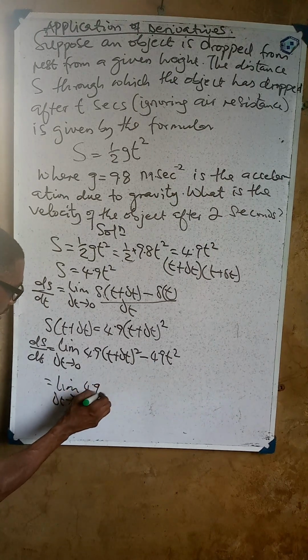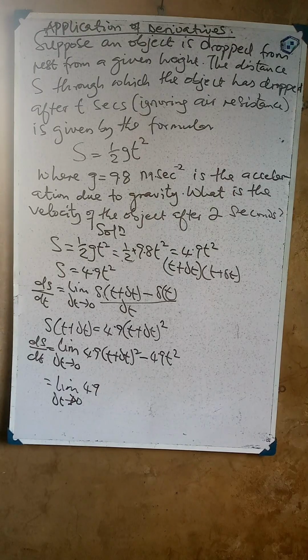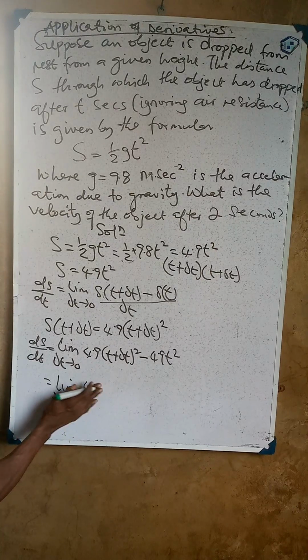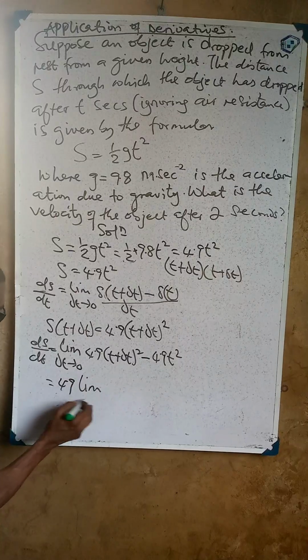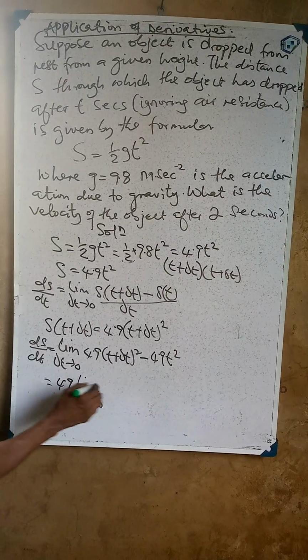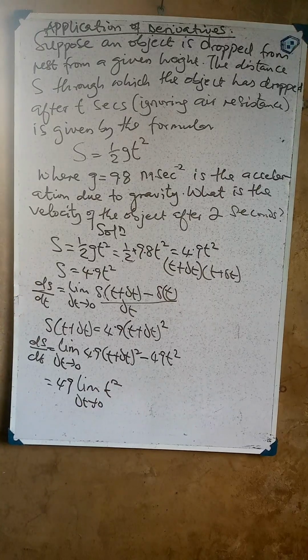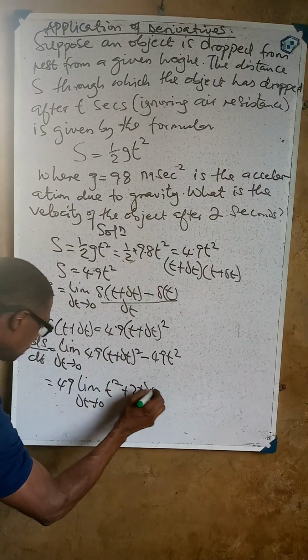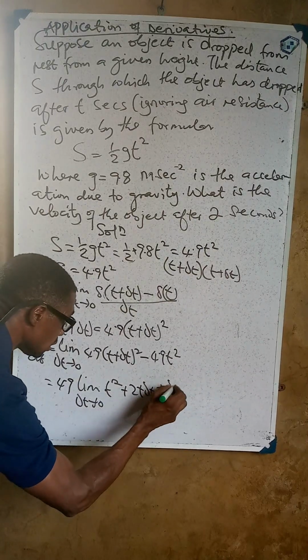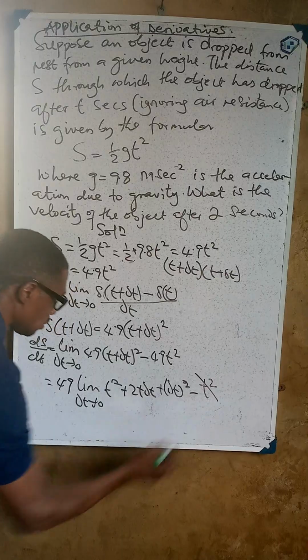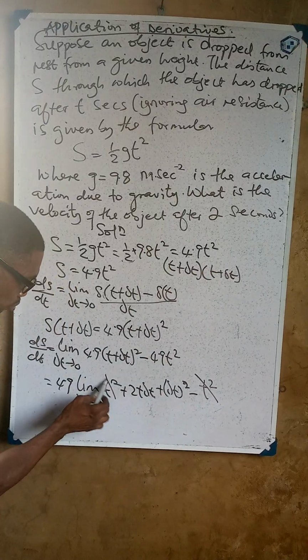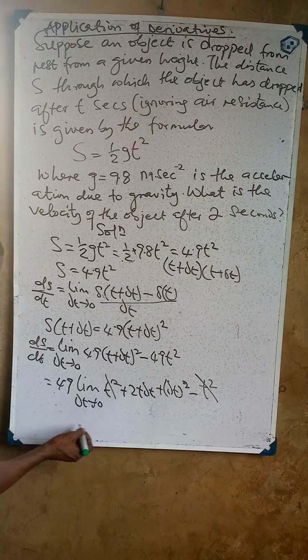Or I can bring 4.9 out, 4.9 limit as Δt tends to 0, we have t squared plus 2t Δt plus Δt squared minus t squared. This will take care of this, this is plus t squared minus t squared.